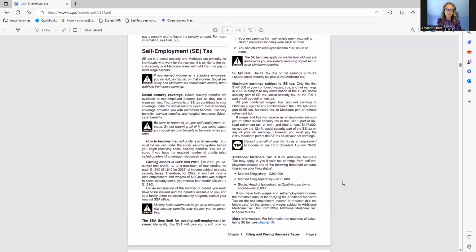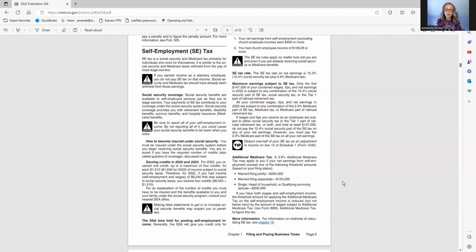Additional Medicare tax. A 0.9% additional Medicare tax may apply to you if your net earnings from self-employment exceed one of the following threshold amounts based on your filing status. Married filing jointly, $250,000. Married filing separately, $125,000. Single, head of household, or qualifying surviving spouse, $200,000.